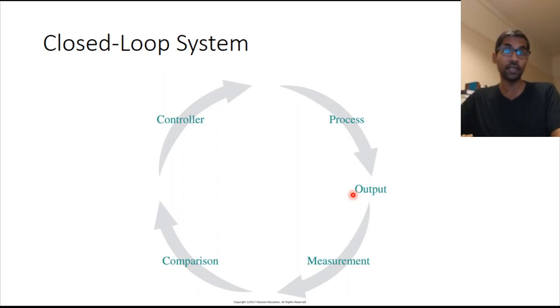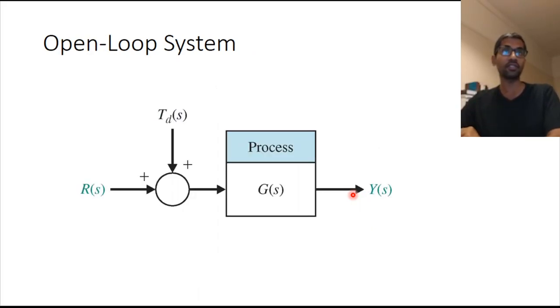That's what we have been thinking about. This kind of system is called a closed loop system. It's called closed loop because you're taking the output and bringing it back, comparing it with the input, and then trying to control the process so that the output changes appropriately and becomes equal to the input.